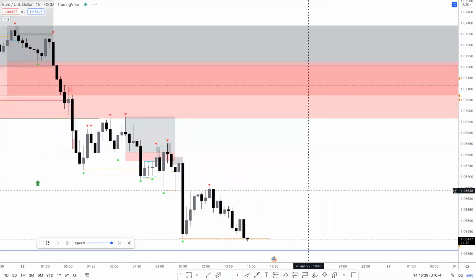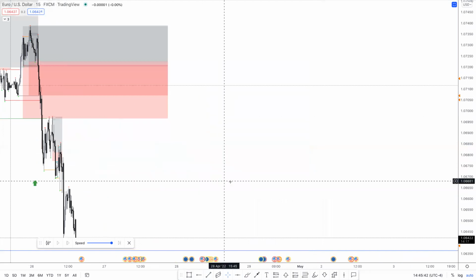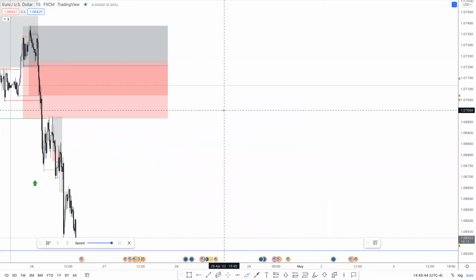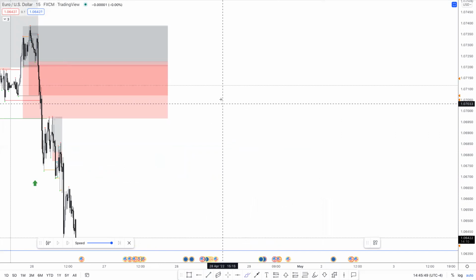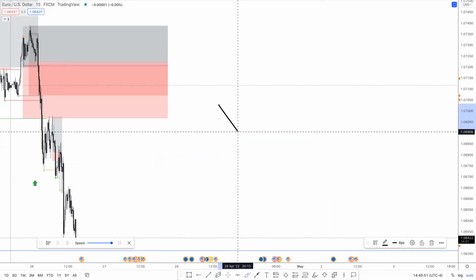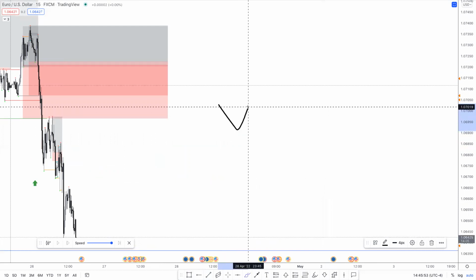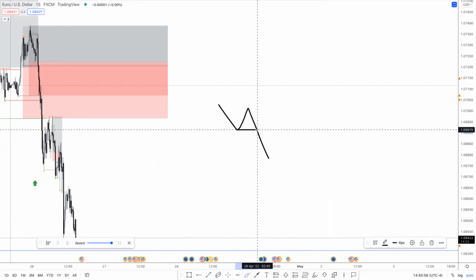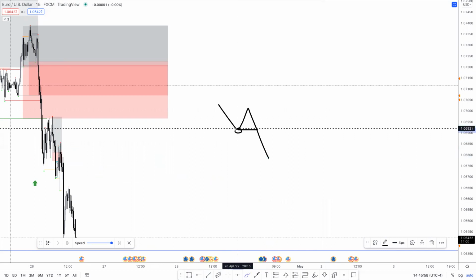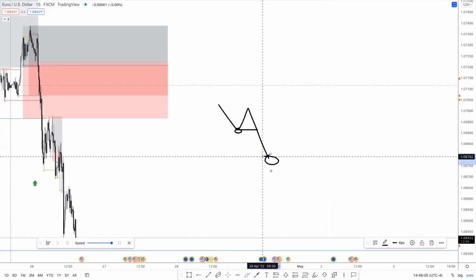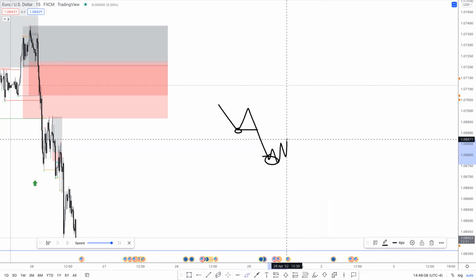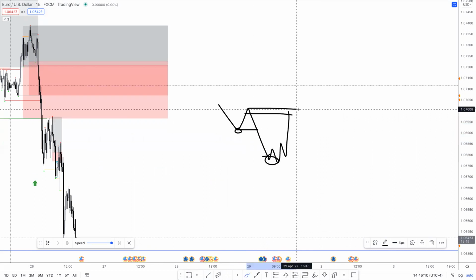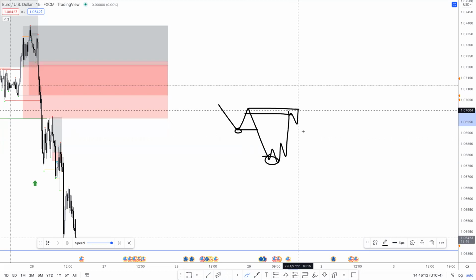Let's say our high time frame bias is short, our external bias is short, everything's short. We're on the 15-minute chart and we see price come and take out a 15-minute low like so. When we take out that 15-minute low, similar to the 1 hour, you can trade this back up and then take the continuation.